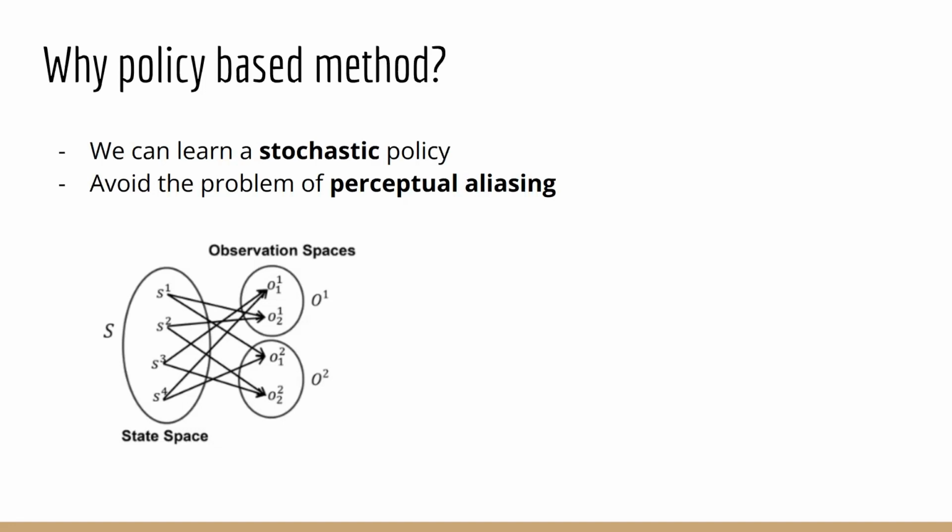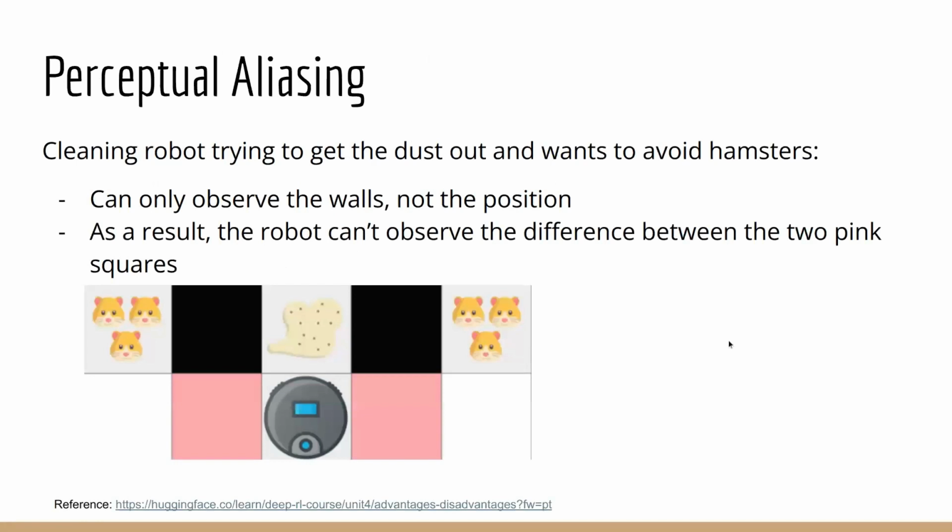Because you don't have the full information of everyone's state, sometimes it's better to act somewhat randomly so that you can achieve a better outcome.